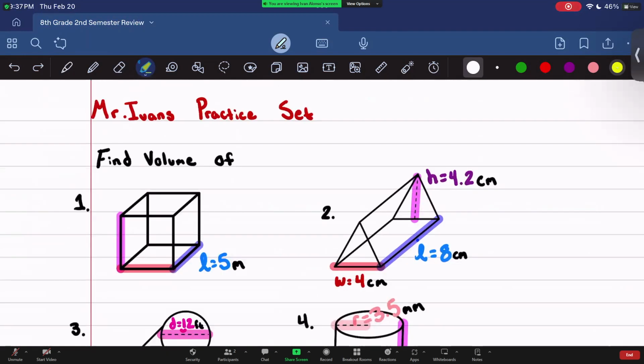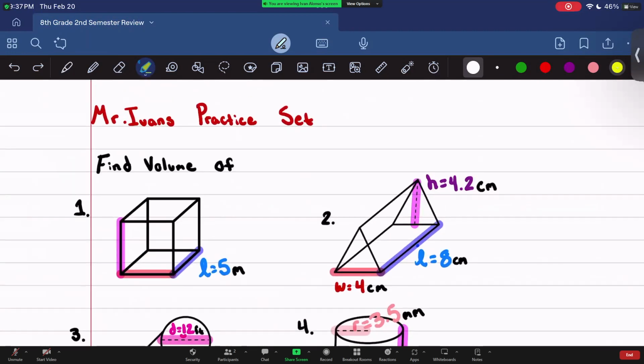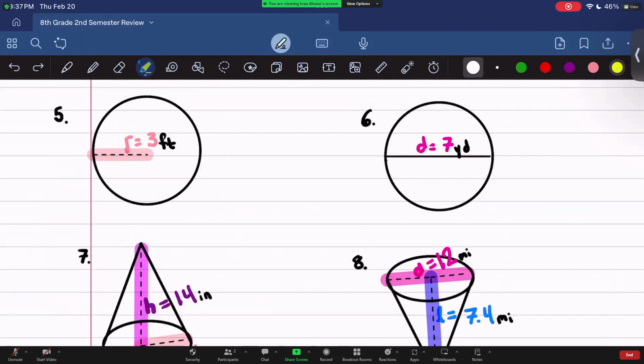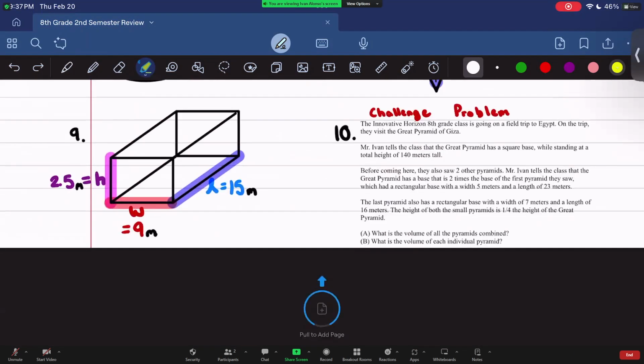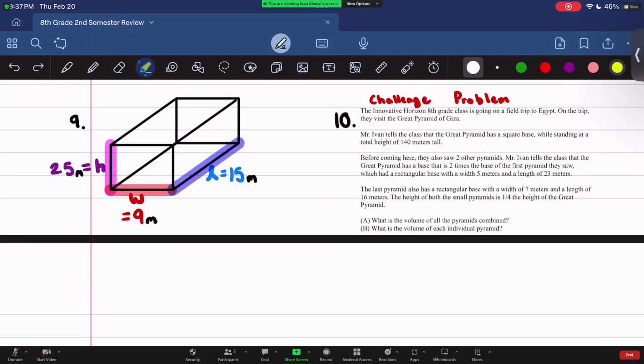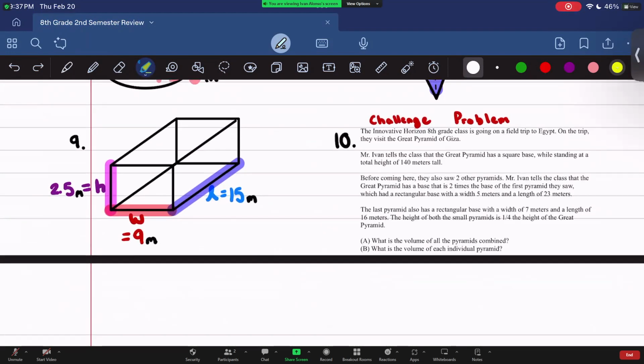And down here, I have the practice set. Like I said, I'll do these in a separate video to keep this one short. If anything, there's this challenge problem down here. Oh, sorry, I need to add a page. If you guys aren't in AVID, I would kind of ignore this. Well, I would try it honestly if you think you're able to solve this.